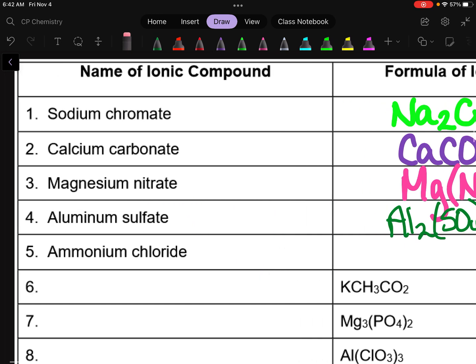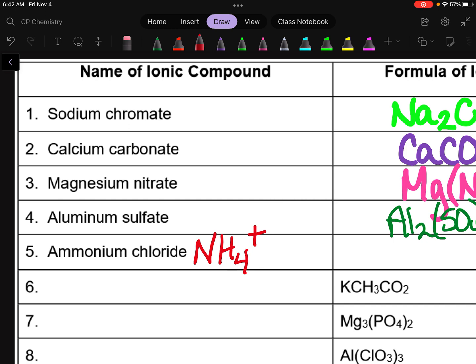And the last one is ammonium chloride. So ammonium chloride, ammonium is not a metal. It's the only polyatomic ion with a plus charge. So it's NH4 with a +1.